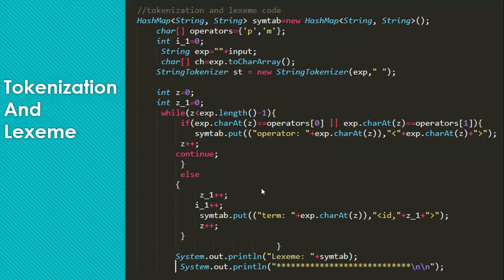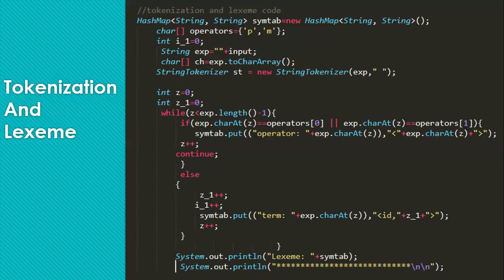As you can see in the if condition, we are checking expression dot charAt zero equal to operators of 0, which means that if we come across the operator p, which means plus, in the expression, or we come across the operator m, in this case operators of index 1, then put it in the symbol table with the string named operator. As you can see, symtab dot put operator. We have the code here.